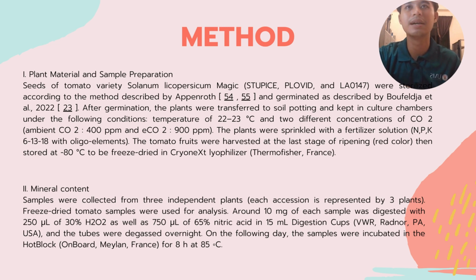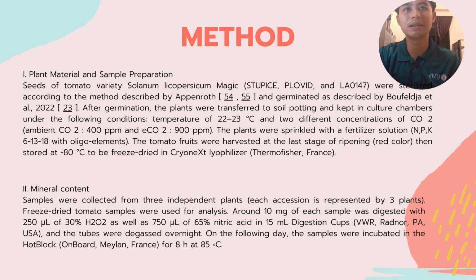After germination, the plants were transferred to soil potting and kept in culture chambers under the following conditions: temperature of 22 to 23 degrees Celsius, and two different concentrations of CO2, ambient CO2 400 ppm and CO2 900 ppm.